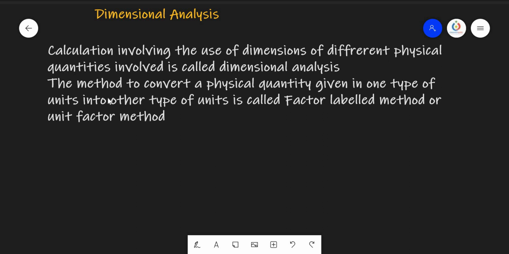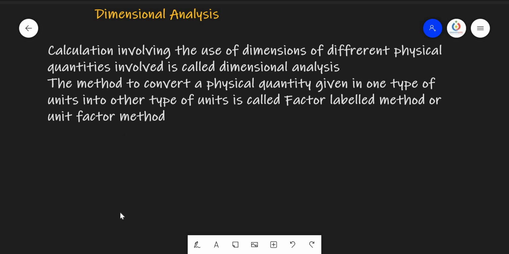The method to convert a physical quantity given in one type of units into another type of units is called the factor label method or unit factor method.